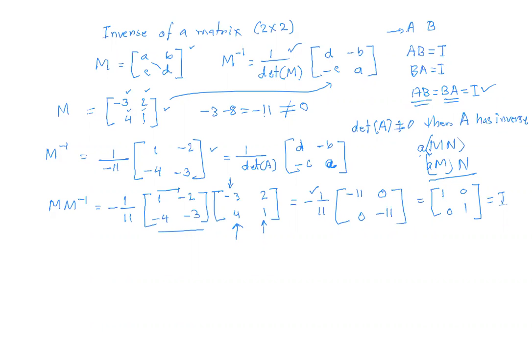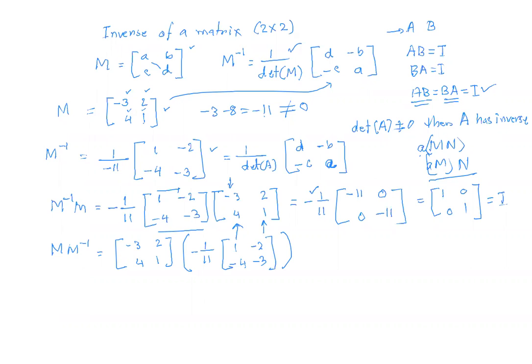Now you can check it the other way, M inverse M. Actually, just to clarify, I did M inverse M here. So now here you can do M M inverse. M is -3, 2, 4, 1, and then M inverse is -1 over 11 times 1, -2, -4, -3.